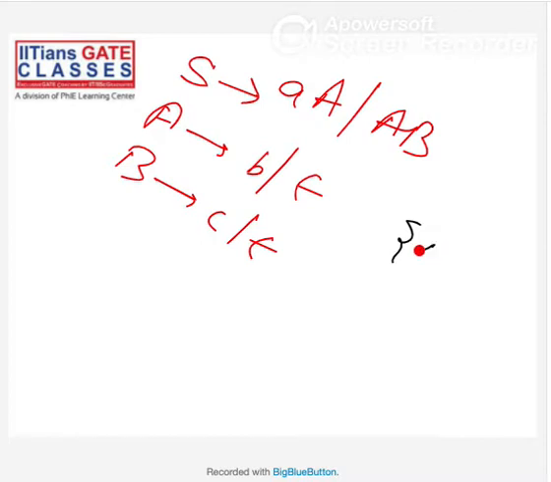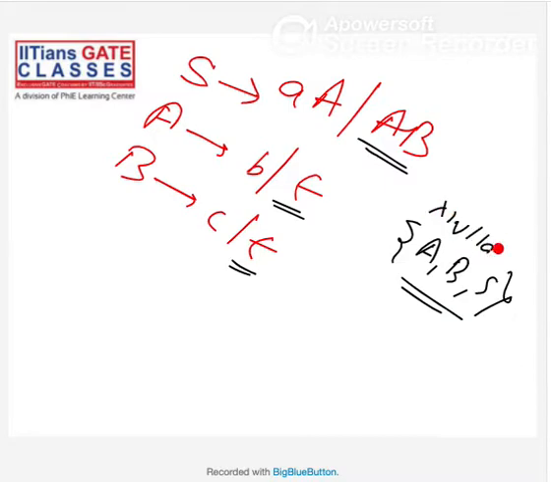You can see A is nullable and B is nullable because of these direct null productions. And because of this production, both A and B are nullable, so automatically S will also become nullable. So these are your nullable symbols.